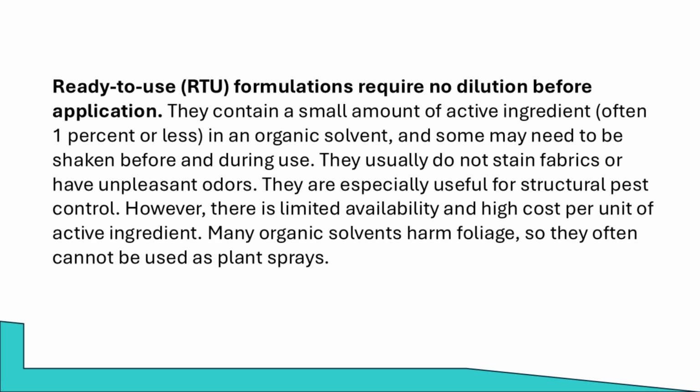They usually do not stain fabrics or have unpleasant odors. They are especially useful for structural pest control. However, there is limited availability and high cost per unit of active ingredient. Many organic solvents harm foliage, so they often cannot be used as plant sprays.